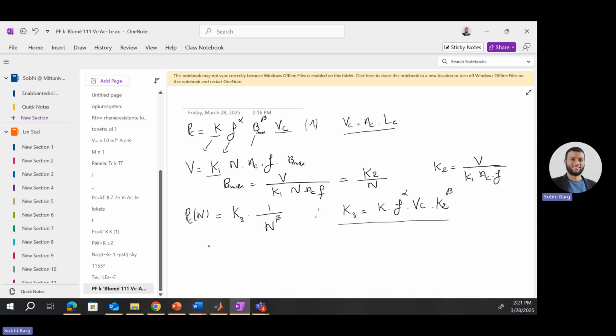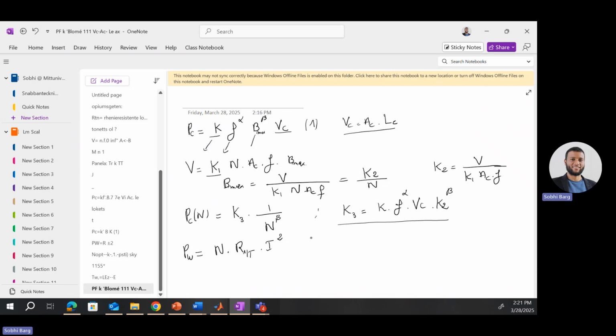The second fundamental equation for the optimization is the winding losses. So I will note Pw, and the winding losses are a function of the number of turns. They are equal to the number of turns times the resistance of one turn times the current squared.